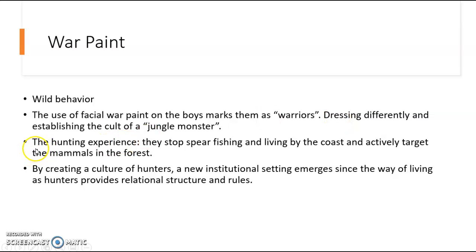So once they end up trying to fight this monster, this jungle monster that they find, they start gearing up, being a little bit more aggressive. Instead of going fishing now for their food, they're going to go more into the forest and hunt little mammals. And that also creates a different hierarchy. So those who bring the food will have a bit more leeway.